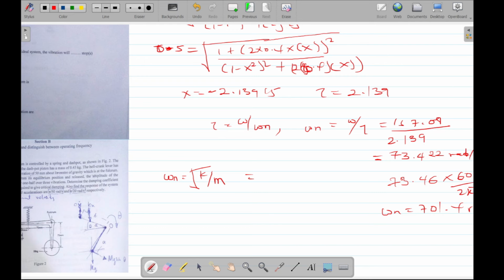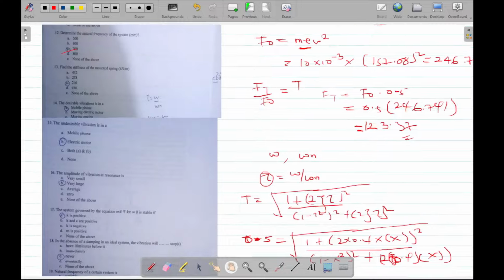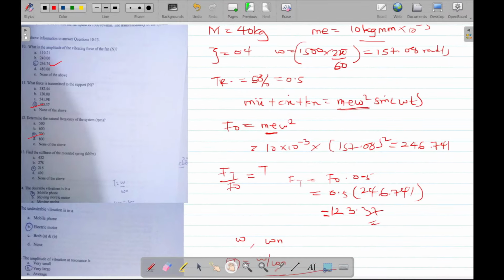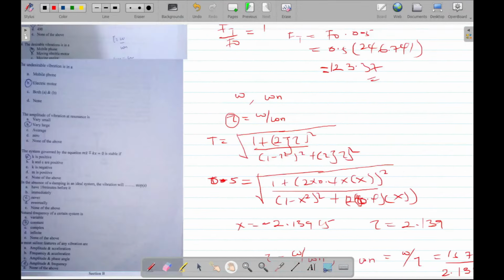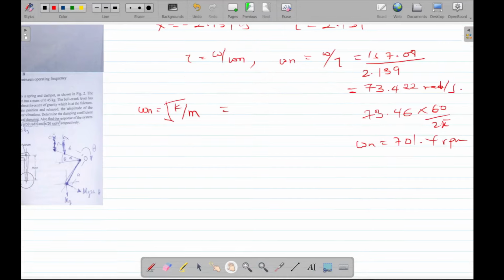The mass was given in the question as 40 kilogram. So we are going to have omega n squared times 40 is equal to K, and omega n is 73.42. Don't use the RPM, it's the rad per second. So 73.422 squared multiplied by 40 equals K.